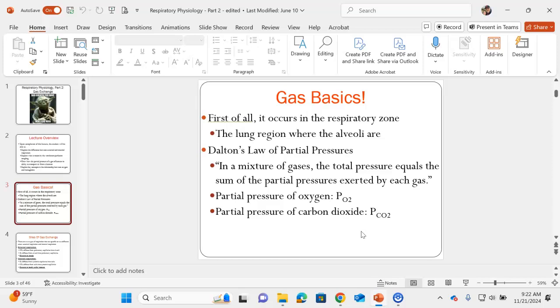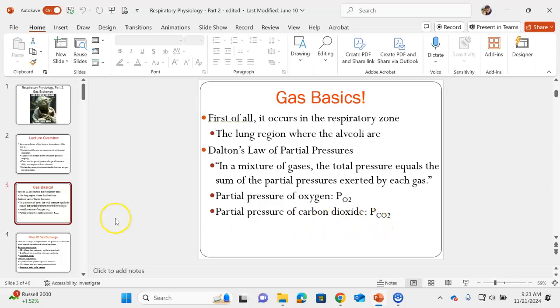And so we're literally talking about how much of those individual gases are in the mix that is in our blood. Because if we're breathing in air, our body doesn't filter out and only take in oxygen. We're taking in everything else as well. And so again, we have to address PO2 and PCO2. Okay, so just keep that in mind because I'm going to use these terms quite a bit in 2A, 2B, and then part 3.